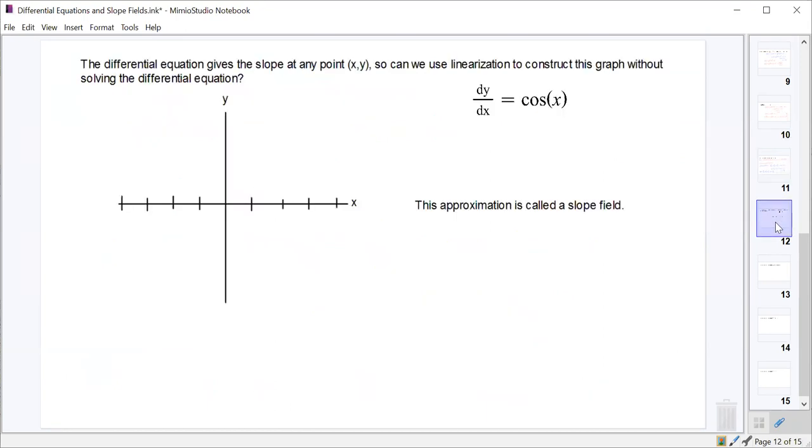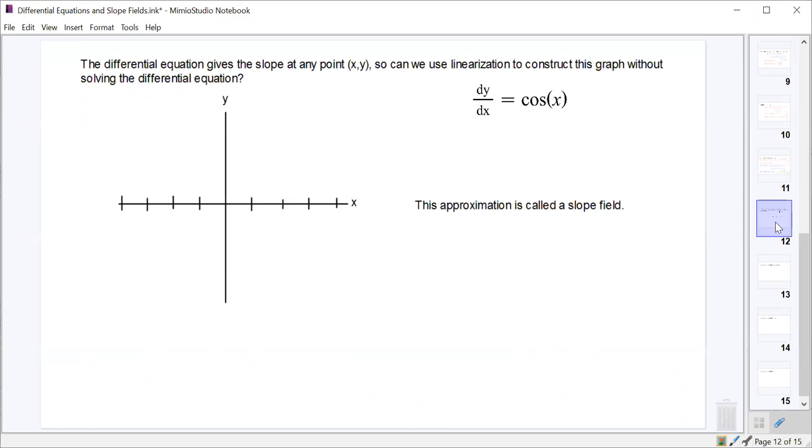All right. So now what we're going to do is we're going to take a look at some differential equations, and we're going to construct what are called slope fields. Okay? And a slope field is just an approximation of what the solution to a differential equation looks like.